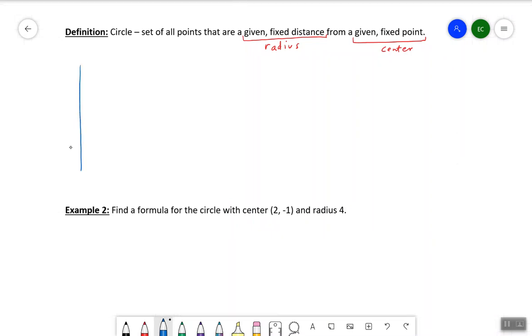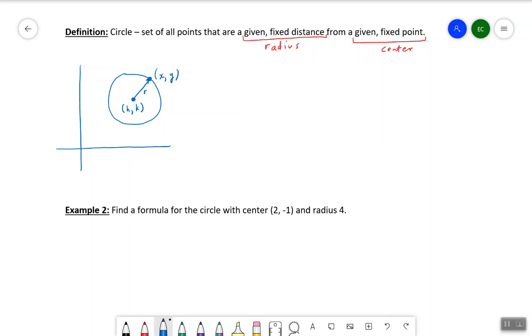Let's think about a center at (h, k), and a radius r, and then we're going out to some arbitrary point on the circle. We could be going in any direction to get to the coordinates x and y.